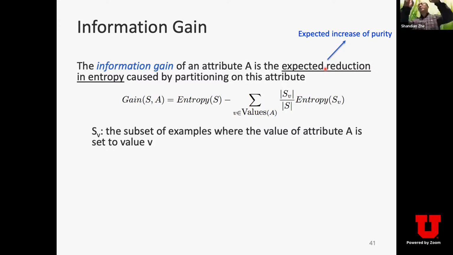So it's kind of the opposite direction. Now we can measure the increase of purity by looking at the expected reduction in entropy caused by partitioning on this particular attribute A, right?